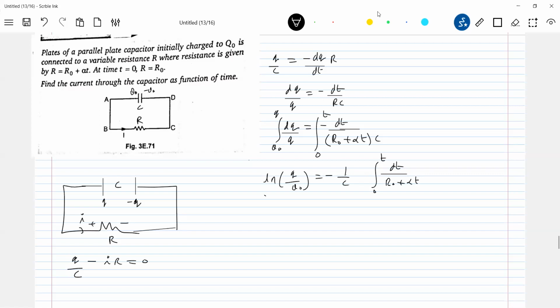So we'll get an expression for charge. Then we'll differentiate and get the expression for the current. So log of Q by Q naught equals minus 1 by alpha C, after substituting the upper and lower limits, we get this much here.